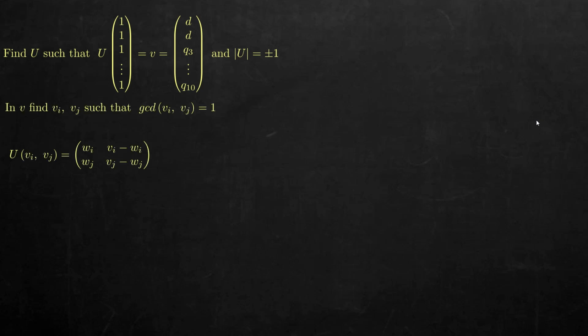For this, we have to find two elements within the elements of V, such that the GCD of Vi and Vj is equal to 1.